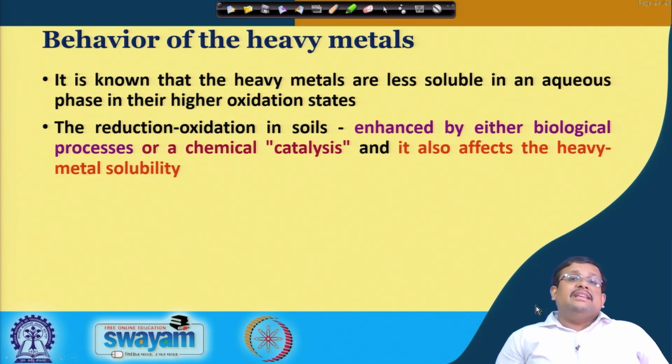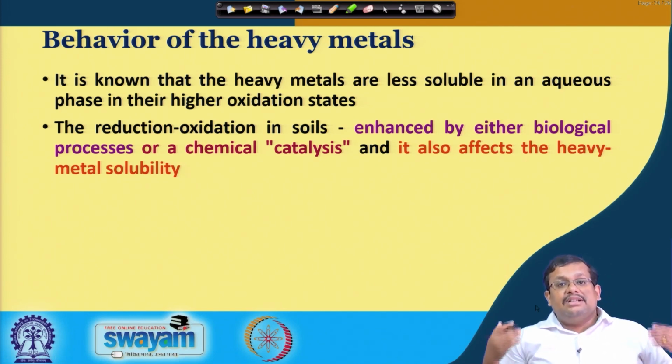Now, it is known that heavy metals are less soluble in an aqueous phase in their higher oxidation states. The reduction and oxidation in soils are enhanced by either biological processes or chemical catalysis, and this also affects the heavy metal solubility.